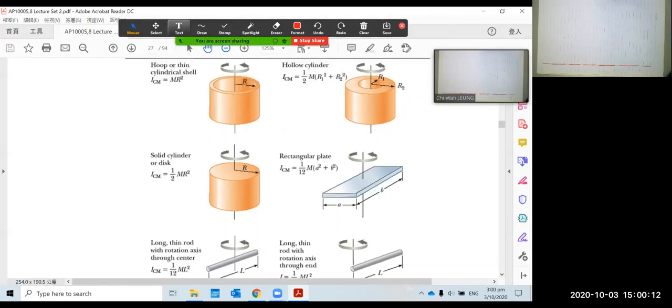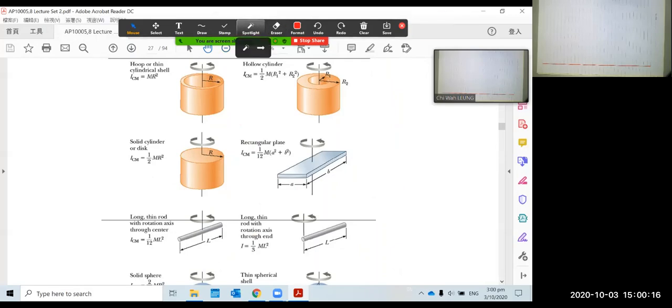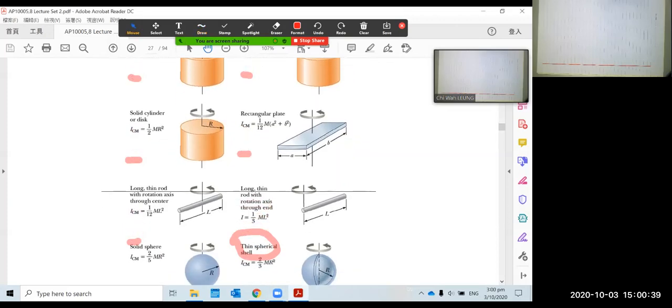And that is, all of the moments of inertia are labeled with ICM, meaning that it is the moment of inertia passing through the center of mass, except this one. Even the last two are talking about the moment of inertia passing through the center of mass.